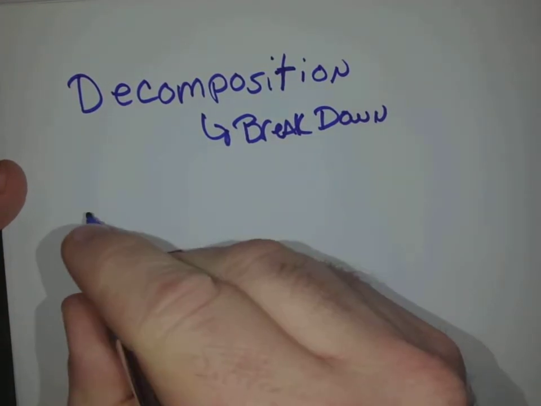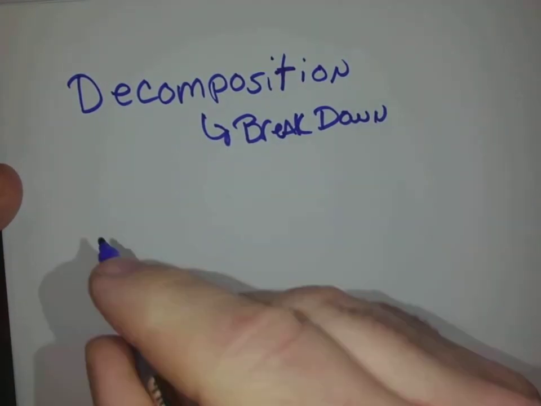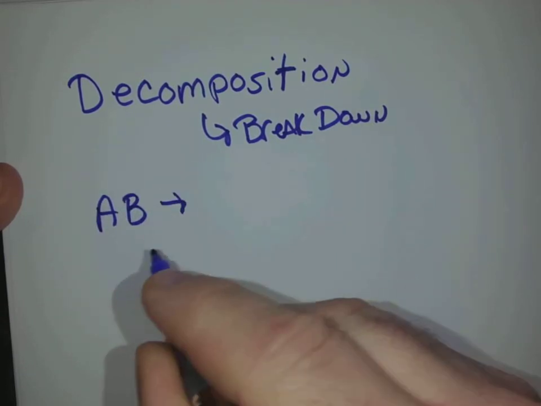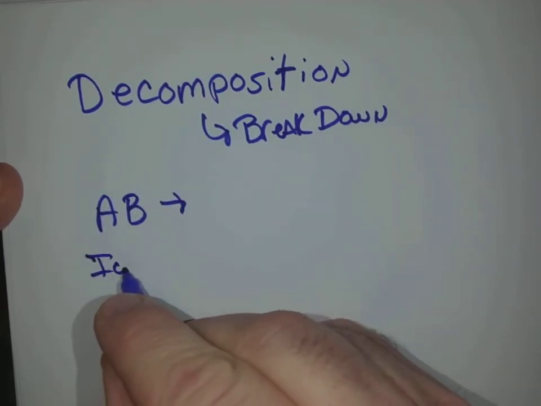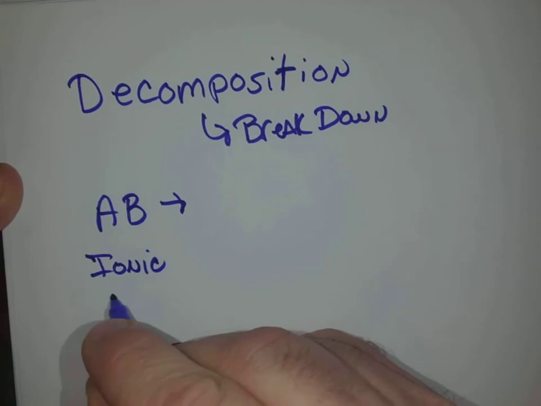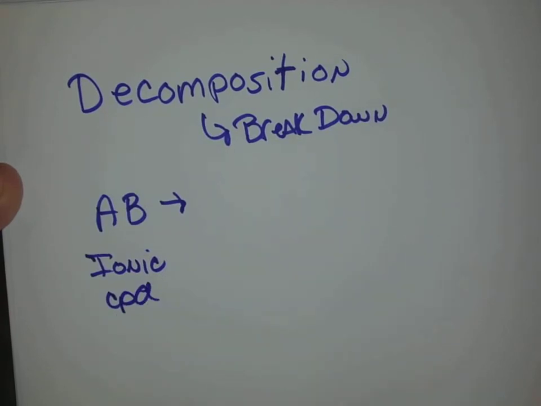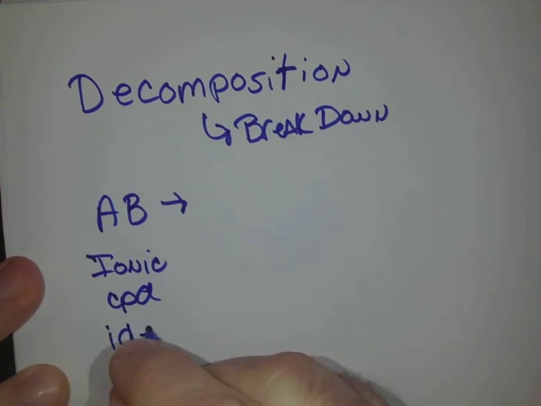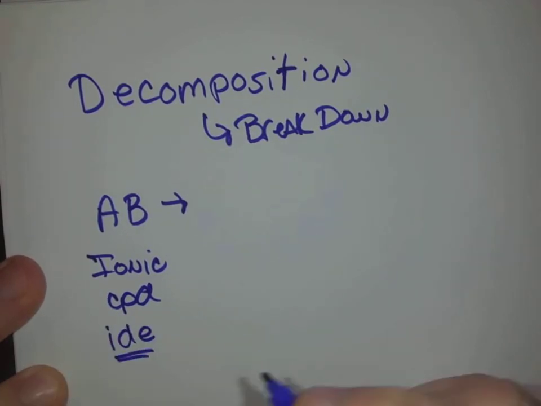So, how do I know I have a decomposition reaction? Well, you're usually starting with a compound, an ionic compound to be more specific. Ionic compounds will end in IDE or ATE.